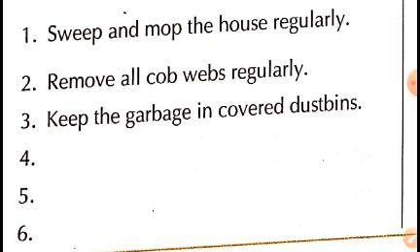Drinking water should be kept covered and the vessel should be cleaned regularly. There should be a wall or fencing to keep the animals or the strangers away. We should clean the doors or sofa or other furniture with disinfectants.